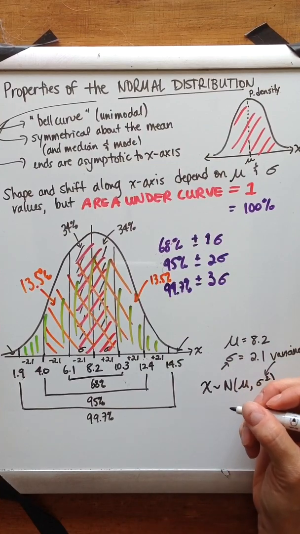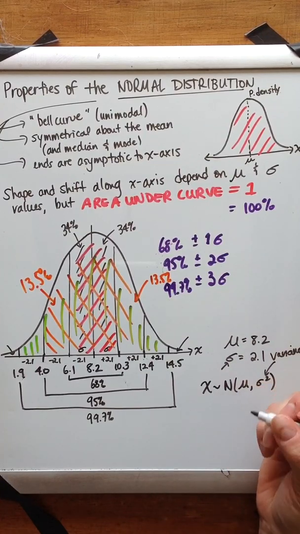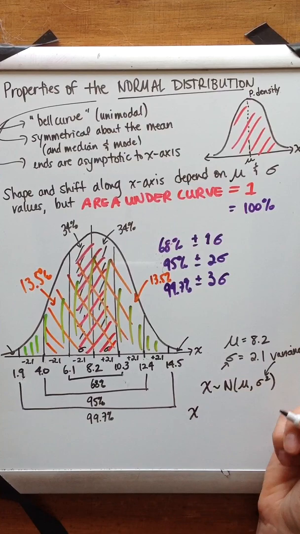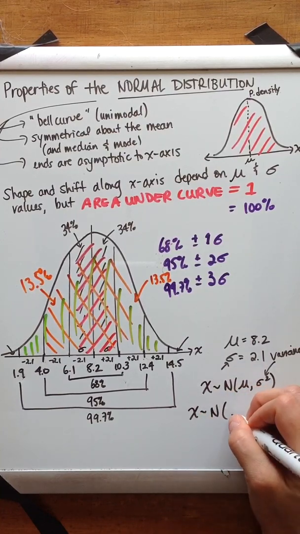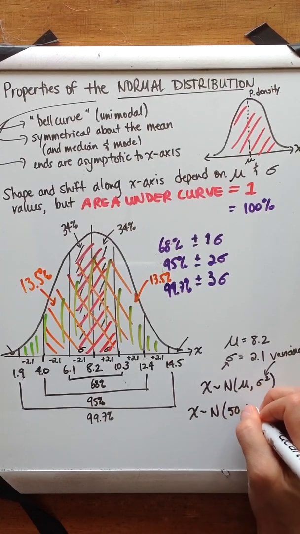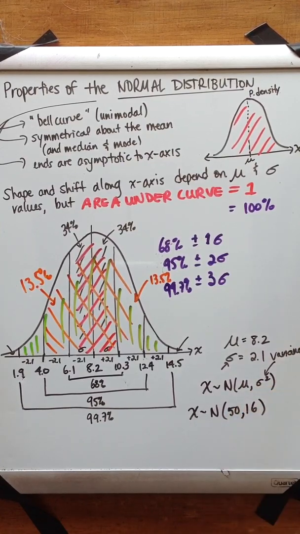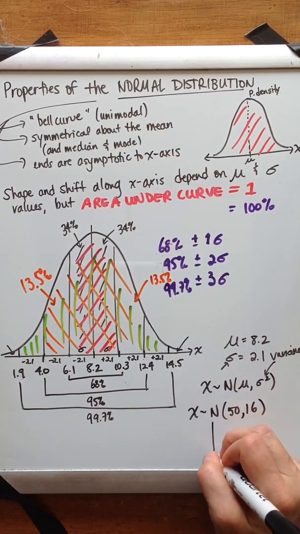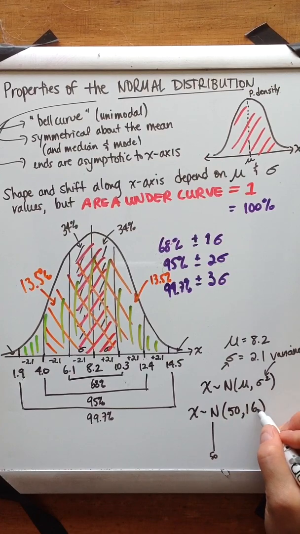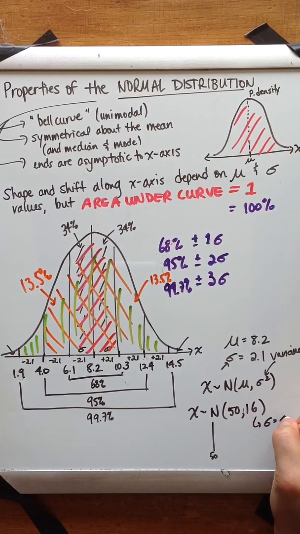So don't forget that variance is the square of standard deviation, which is this one here. So if I said to you, I'd like to communicate to you a normal distribution that has these values, could you draw it? And the answer is yes, you could. You could sketch it out because you would have 50 in the middle, and this is the variance, but the square of it, and that's important to note, means the standard deviation would be 4.